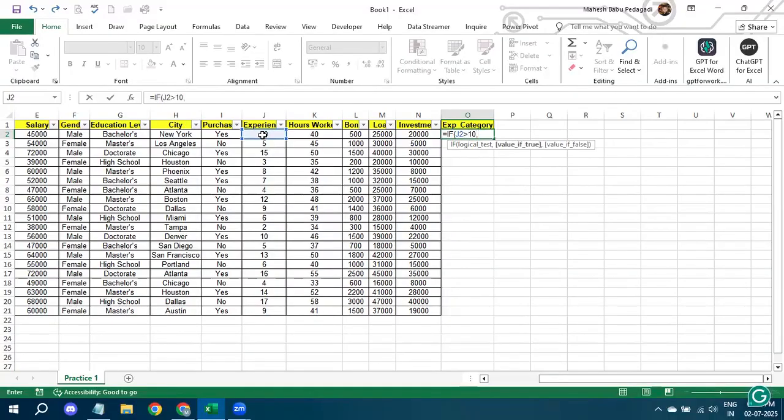Okay, comma. I will be mentioning string data in the quotes, senior. When I hit a comma, that means if greater than 10, give me senior. Then if it is false, if the value is not greater than 10, what output would you like to see?